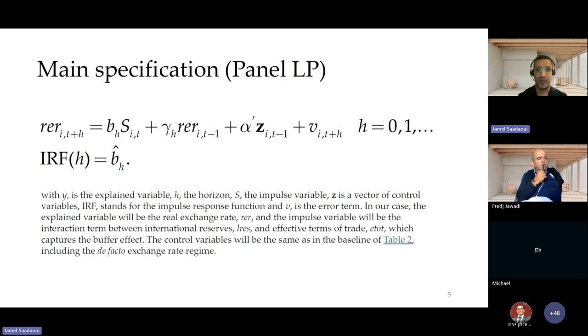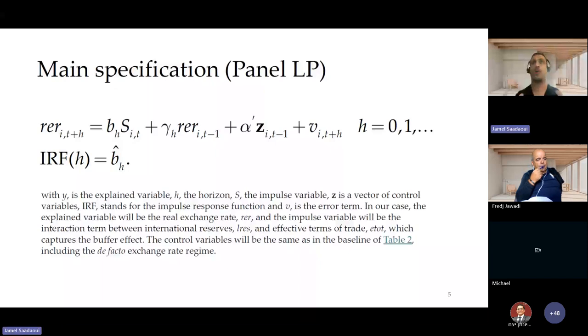To specify your S, your input variable, you can put a monetary shock, a geopolitical risk, or orthogonalize whatever variable, but you need to have considered the question of identification. Local projections are a very useful tool to estimate impulse response functions, but they do not solve the question of causal identification.